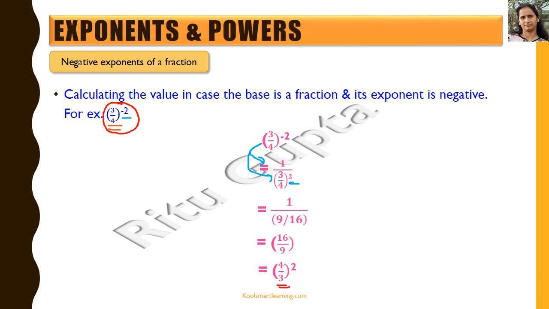So we have the exponent as 2 instead of minus 2, and the base changed to the multiplicative inverse of the original base. The original base was 3/4 and the multiplicative inverse is 4/3. So the negative exponent of a fraction becomes the multiplicative inverse of the base raised to the positive exponent with the same value as the original exponent.